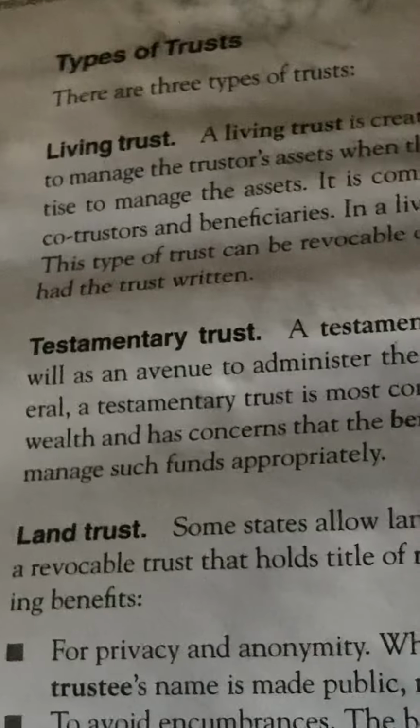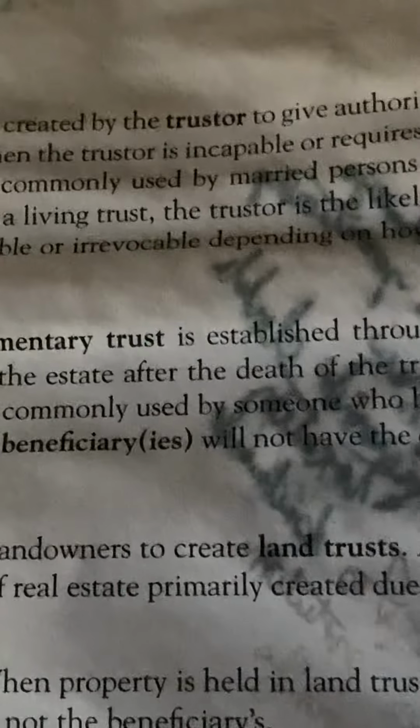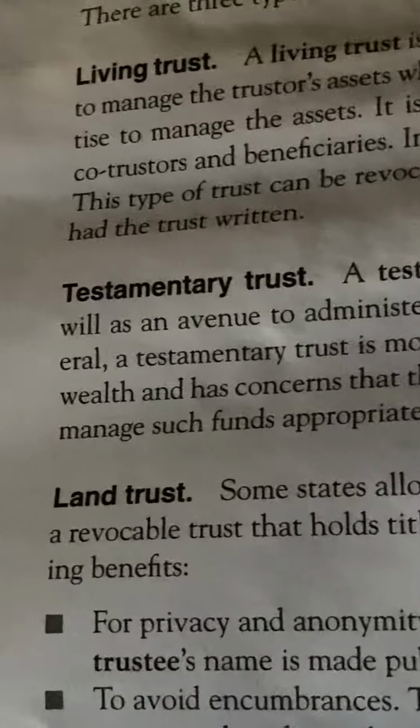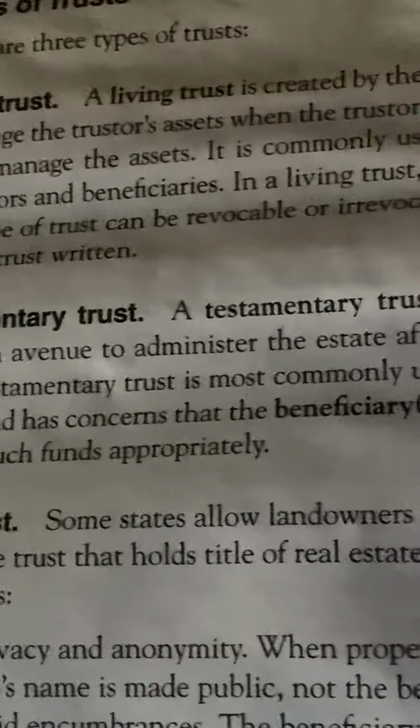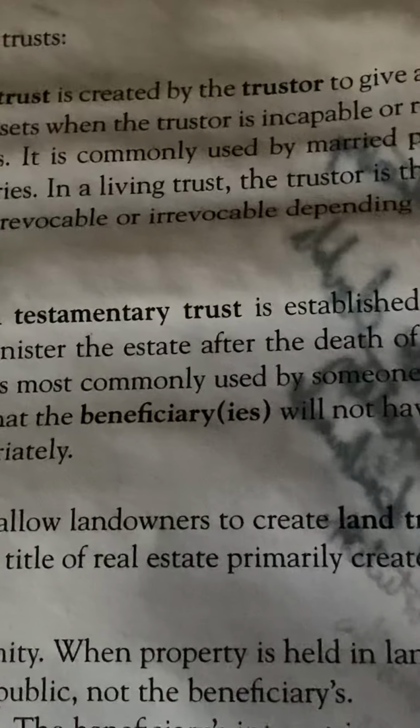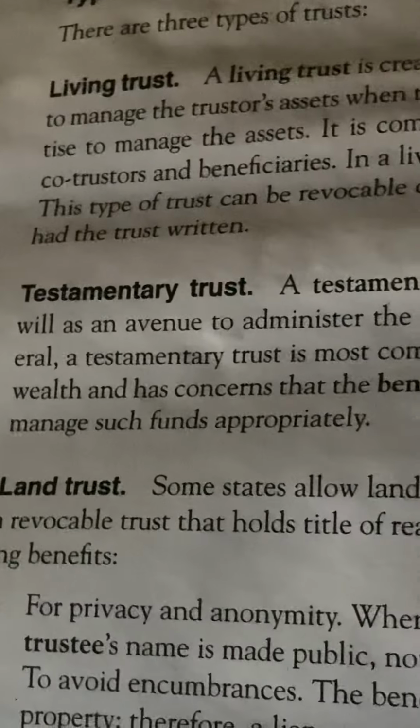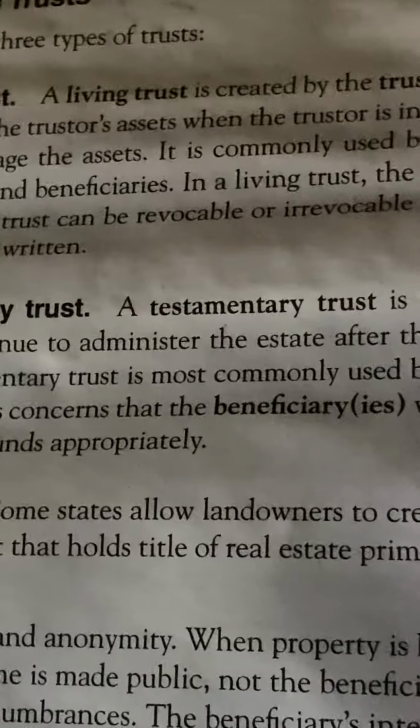Living trust. A living trust is created by the trustor to give authority to another to manage the trustor's assets when the trustor is incapable or requires other expertise to manage the assets.